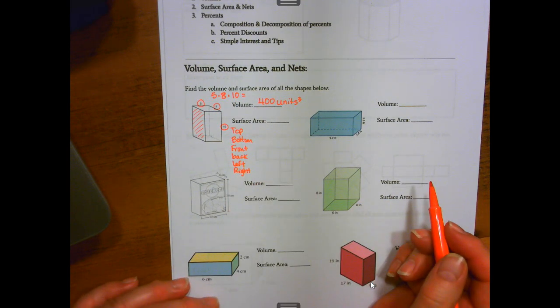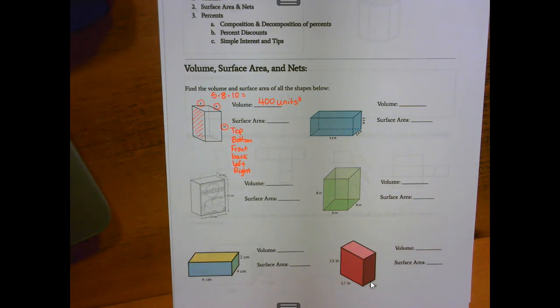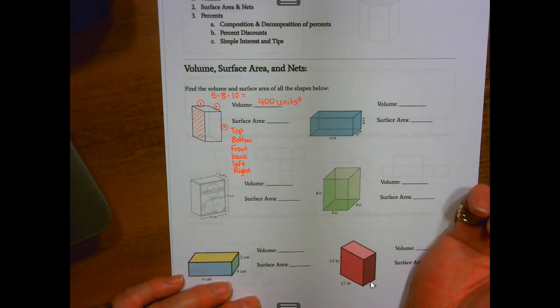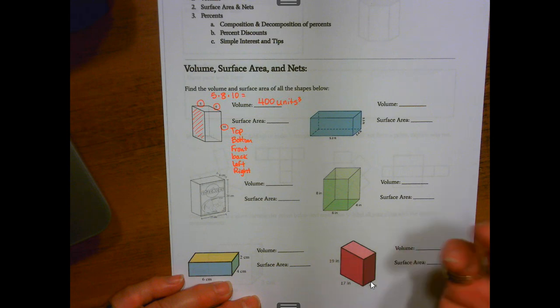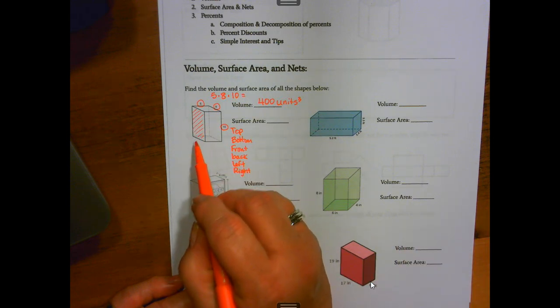I find the areas of each of these, and as long as you take care of all of the faces, it does not matter which you identify as the front or the back or the top or the bottom.